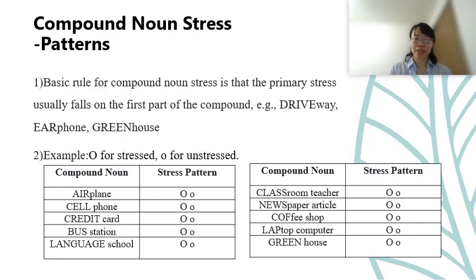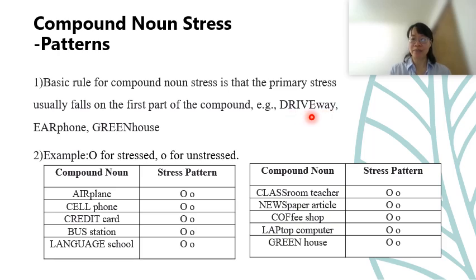Okay, good. So let's talk about today's topic on compound noun stress. Compound nouns are two words together to make a new noun. So for instance, when used alone, drive means to operate a vehicle and way means a path.